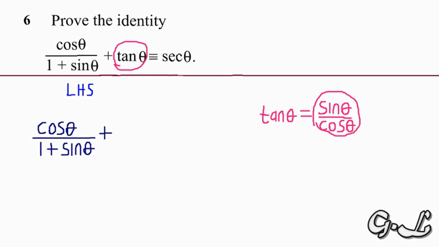So what you can simply do is replace where there is tan theta with sin theta over cos theta. That's what you have to do. So we're going to write sin theta over cos theta.